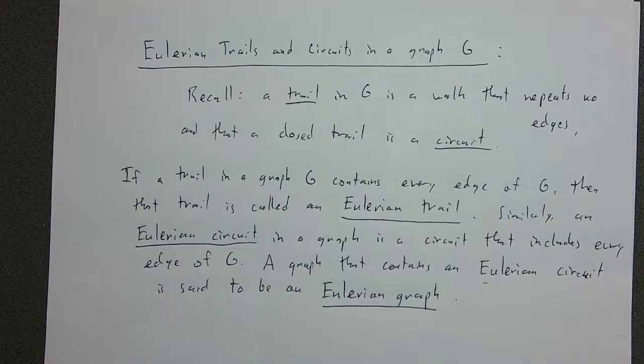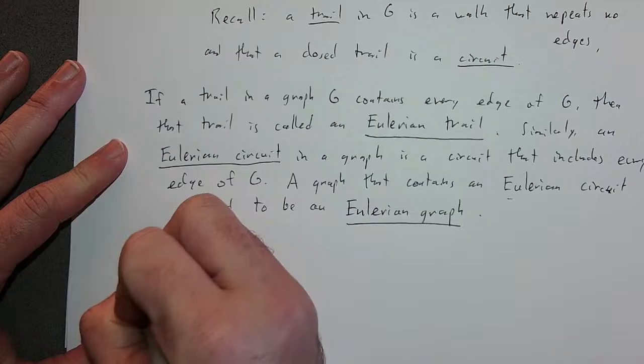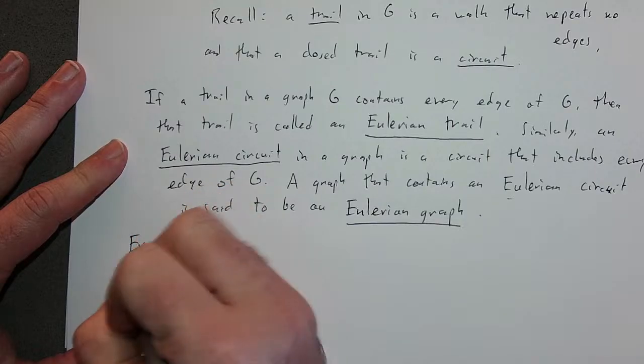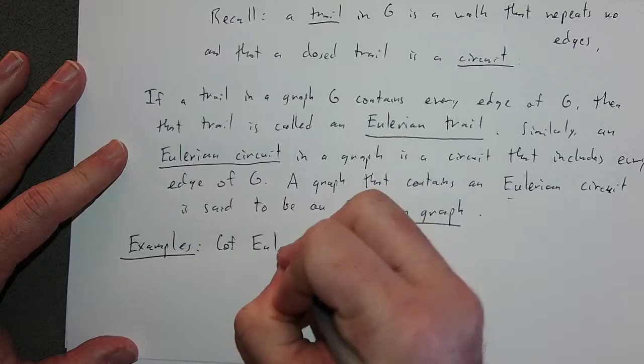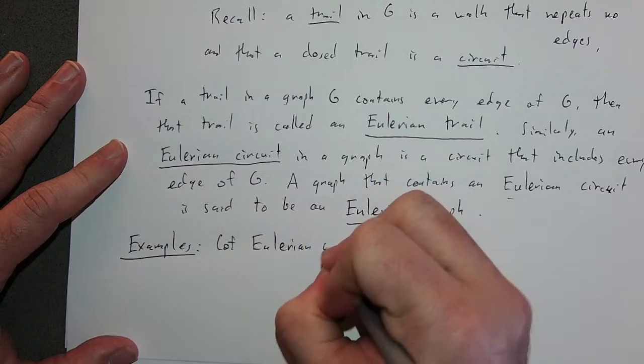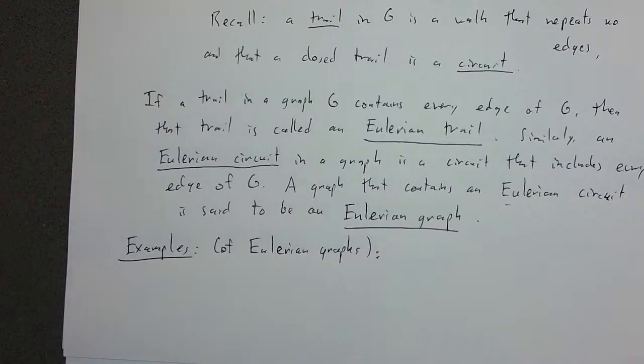So what are some examples of these Eulerian graphs? You can think of one off the top of your head, I think. Maybe a few. What are some examples of Eulerian graphs?